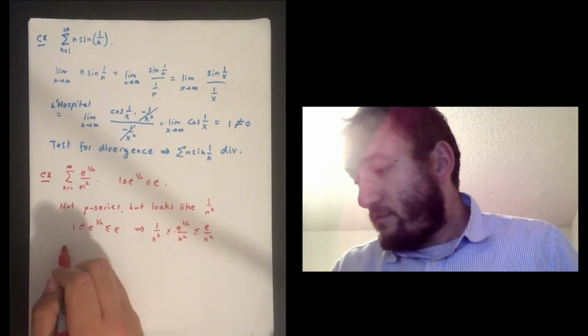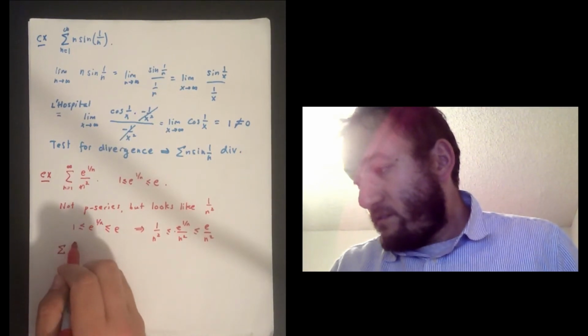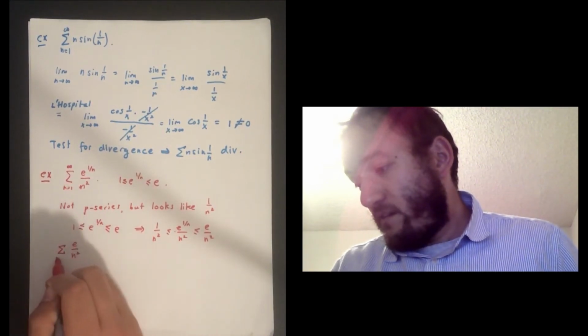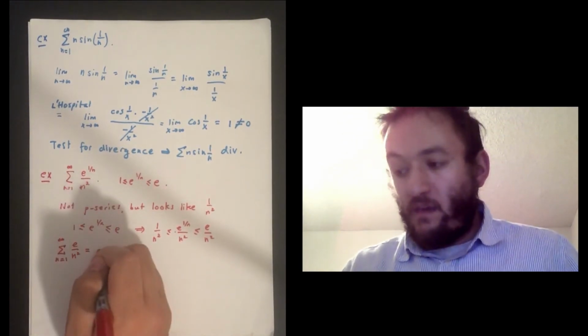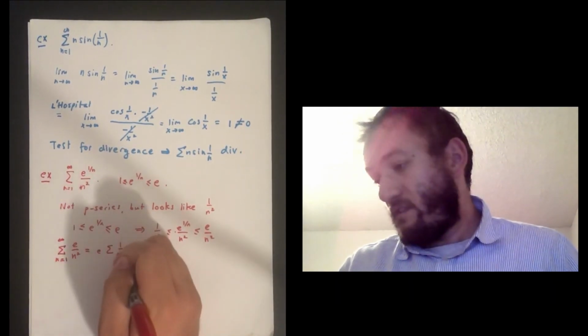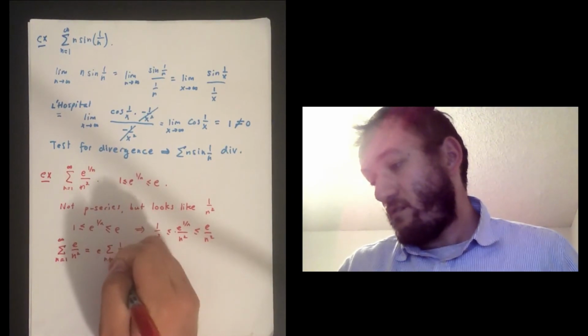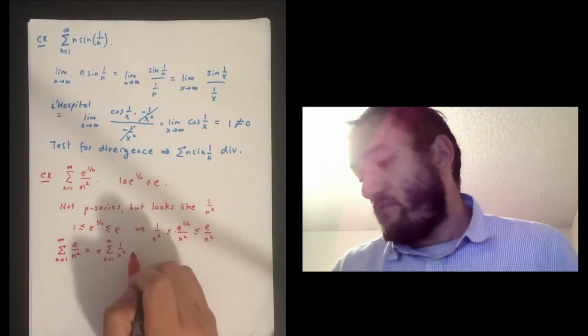Okay, so the series e over n squared from n equals 1 to infinity is just equal to e times the sum of 1 over n squared, and this is a convergent p-series.